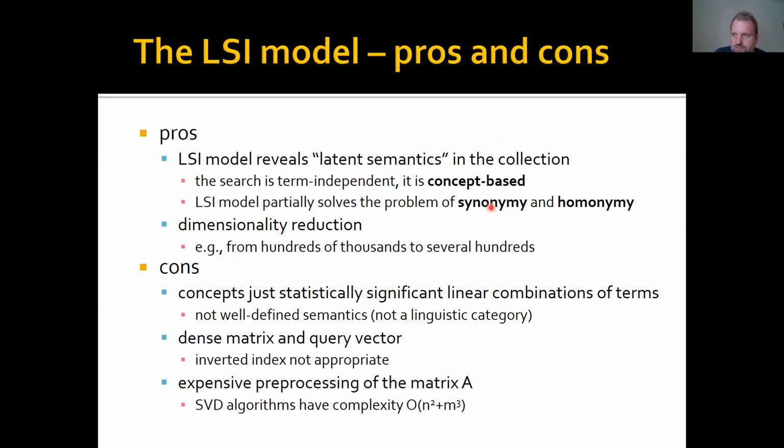The vectors of the concepts are really orthogonal, and therefore the correlations from the terms are basically transformed into the concepts themselves, but then no correlation is left. That's why they are now truly independent and orthogonal. So this is good to have uncorrelated dimensions.